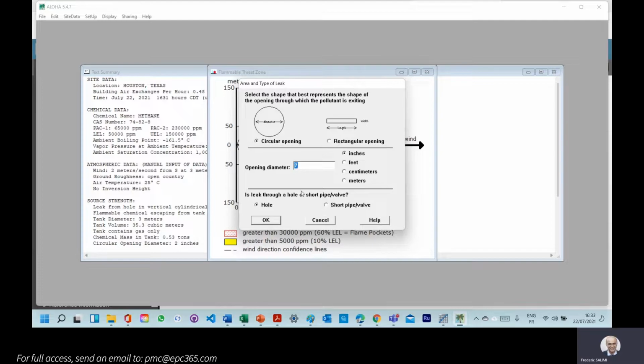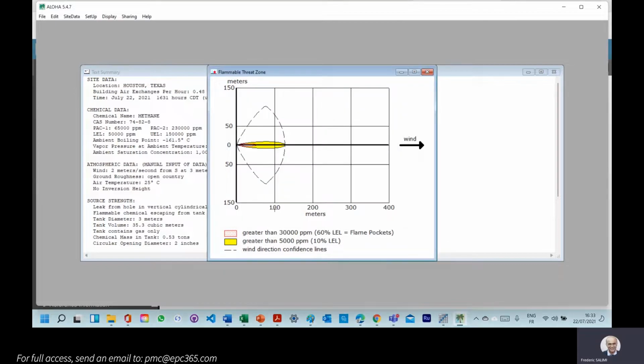Here I put a 2-inch diameter hole, and it gives me about 120 meters for the distance that 10% of LEL goes. So 10% of LEL goes to 180, and 60% of LEL goes up to this area, which is about 50 meters or something like that.